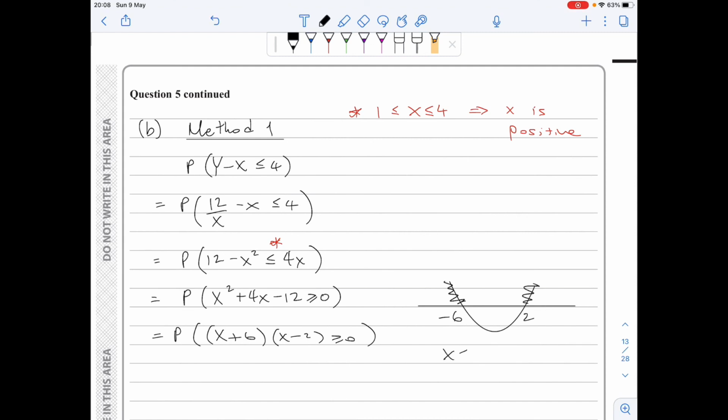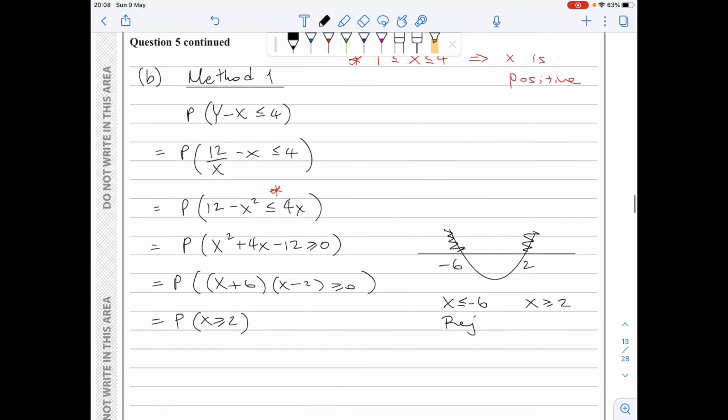So I've got x less than or equal to minus 6 or x bigger or equal to 2. Now since x is between 1 and 4, I'm going to reject the minus 6. So this probability becomes x bigger or equal to 2. And from my table, this is 0.35 plus 0.15 plus 0.35, which is equal to 0.85.